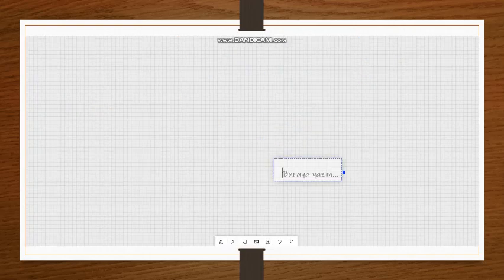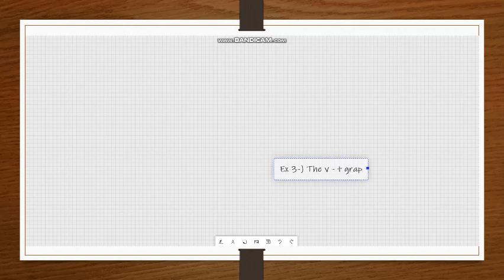Let's do the last example for this week, example 3. Again, we have a velocity versus time graph shown below. We need to find the acceleration. Find the acceleration and time graph.